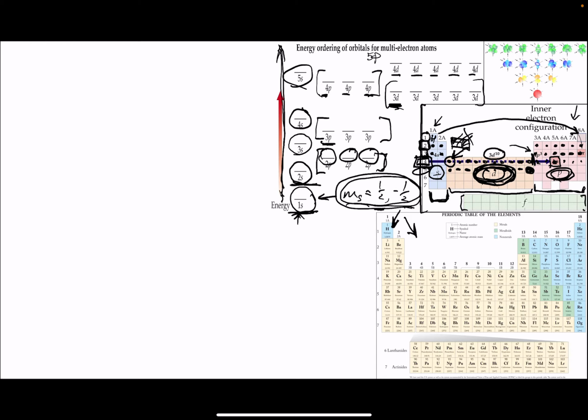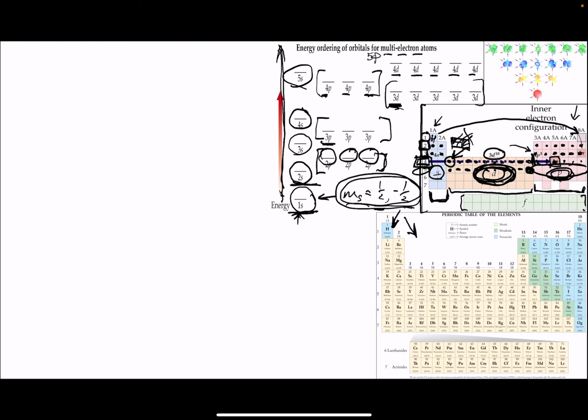Okay, and we would expect 3 dashes there, 1, 2, and 3, given that there are 6 spots in that P block there. Okay, so that's how we use the periodic table to predict the order of the orbitals for understanding where electrons could be located.